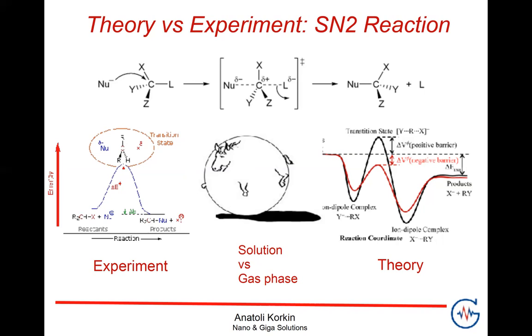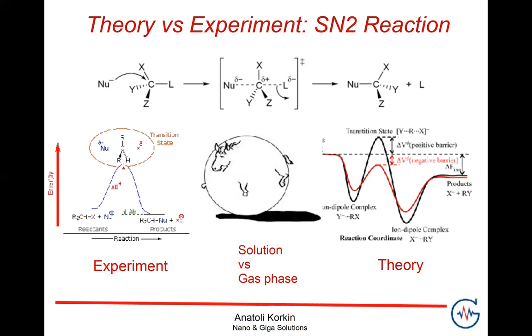However, on another side, when theoretical chemists started to include a solvent model in their calculations, they also reproduced the results for the SN2 reaction in solution.